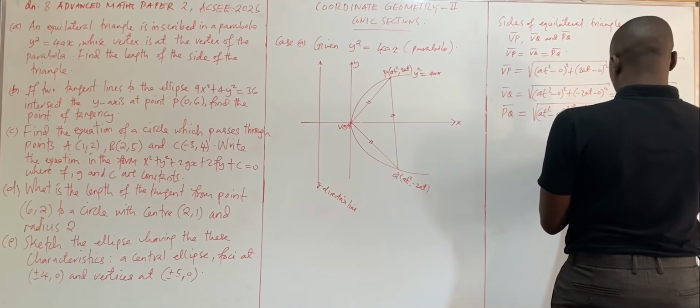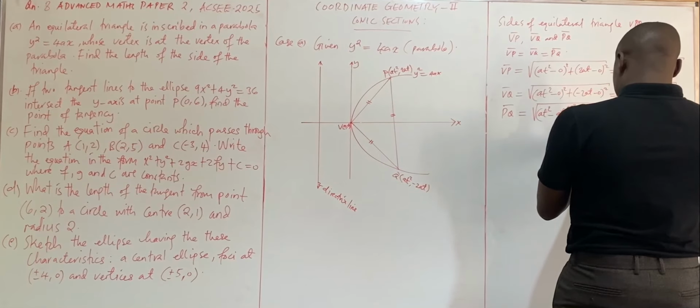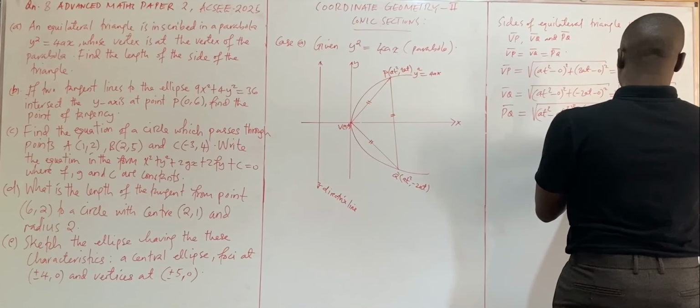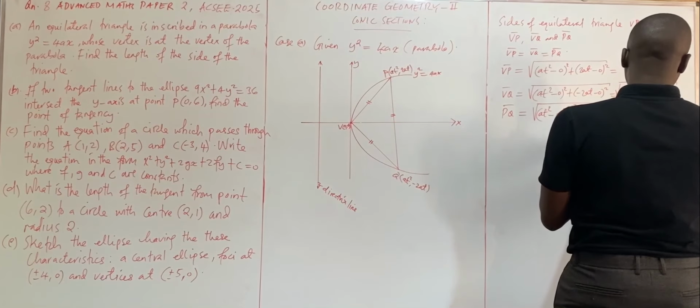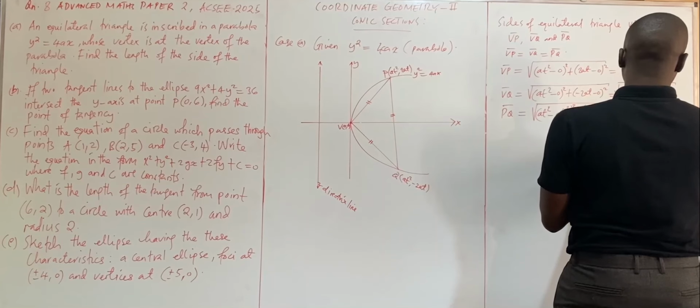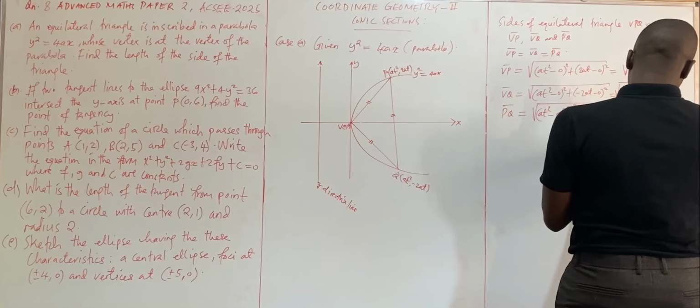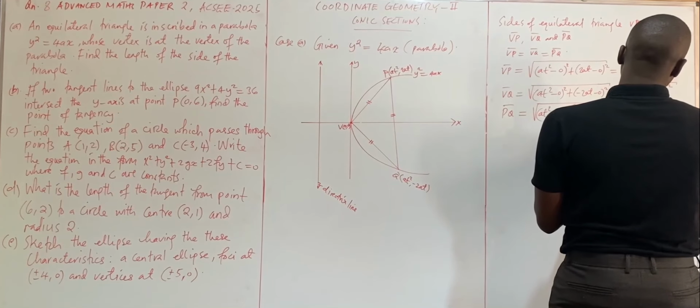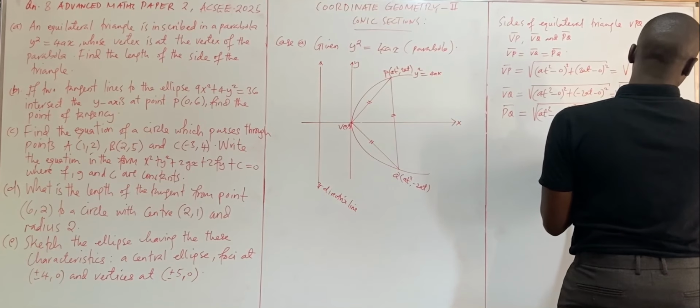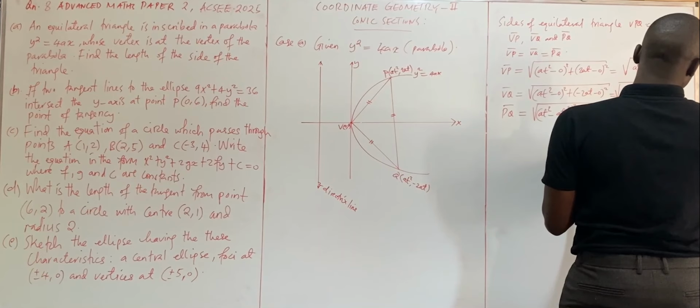So here we will take out the roots of, here will be negative 4at bracket square. So now we end up getting, here will be, and that's if we categorize this negative here, will be negative 1 square, then 4at bracket square.